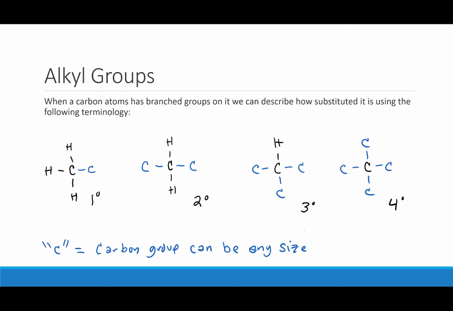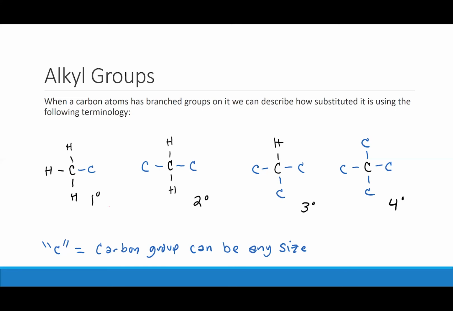Now, when carbon chains and alkane chains have these branch groups attached to them, we can describe how substituted the carbon is using another type of terminology. Now, again, this is just describing how substituted a single carbon is. It could be any carbon in a chain.